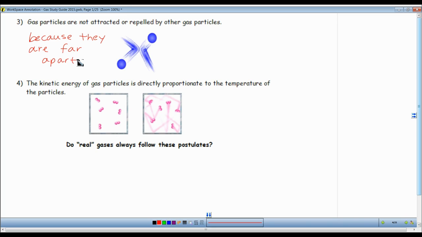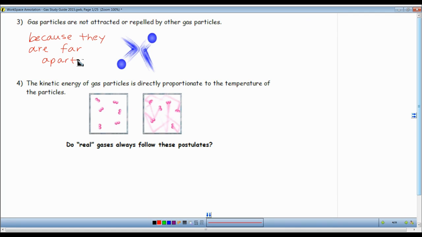And usually gas particles are pretty far apart from one another, so sure. Often there are no significant attractive or repulsive forces between gas particles. However, we cannot always say that there are never attractive or repulsive forces between gas particles.